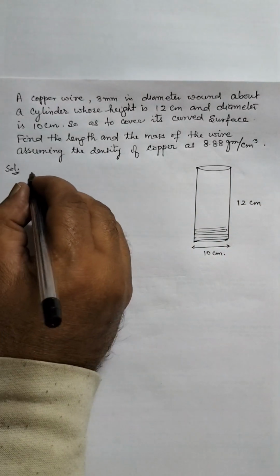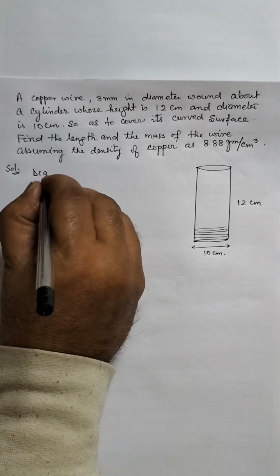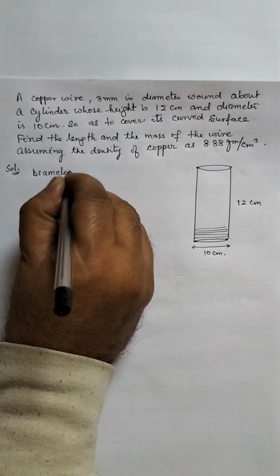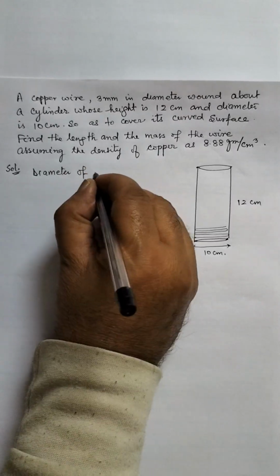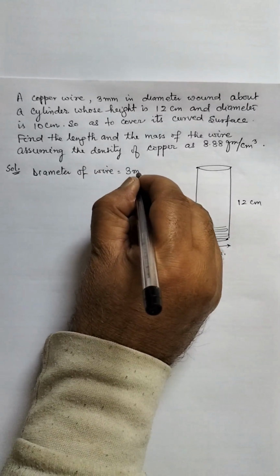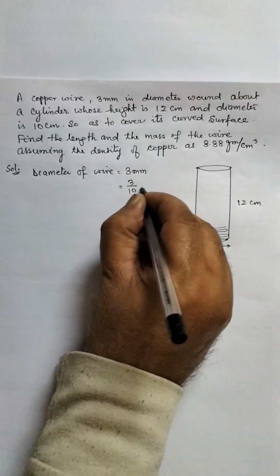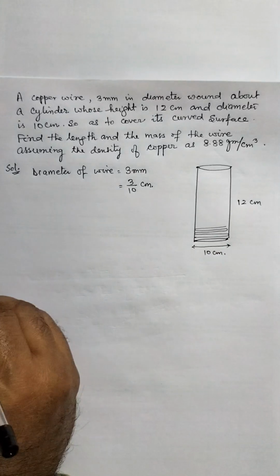Now we know diameter of wire is 3 millimeter. That means 3/10 centimeters.